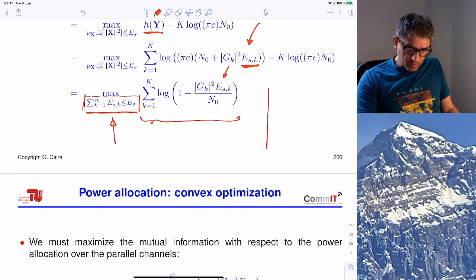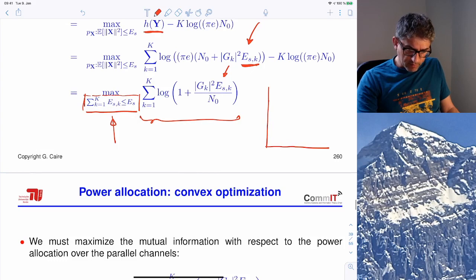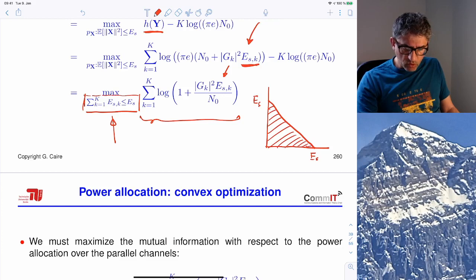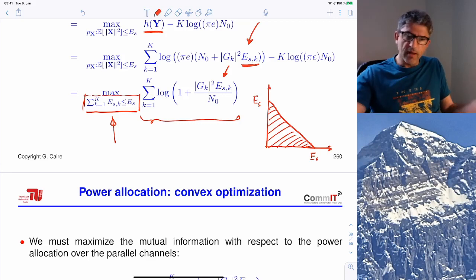For example, in 2 dimensions we have this simplex, because this will be E_s here, this will be E_s here, and all the non-negative 2-component vectors E_s1, E_s2 satisfying that the sum is less than E_s belong to this triangle. Okay, that's a convex set, and then you can generalize it to k dimensions.